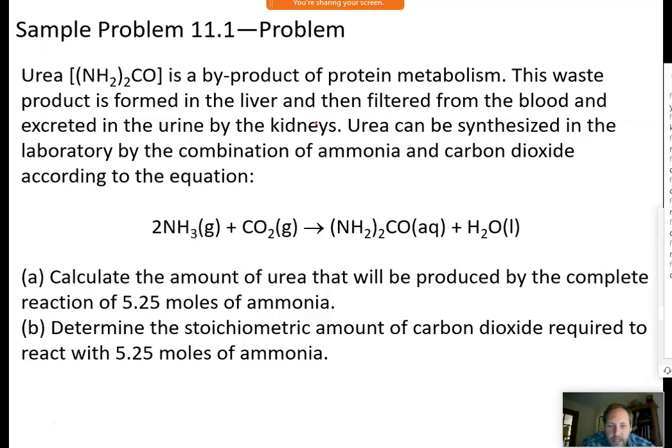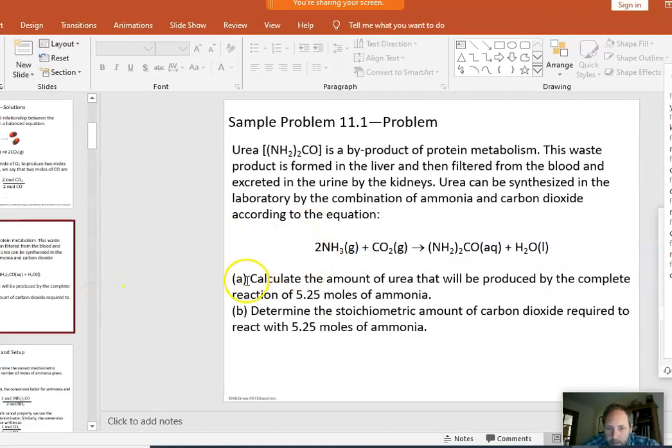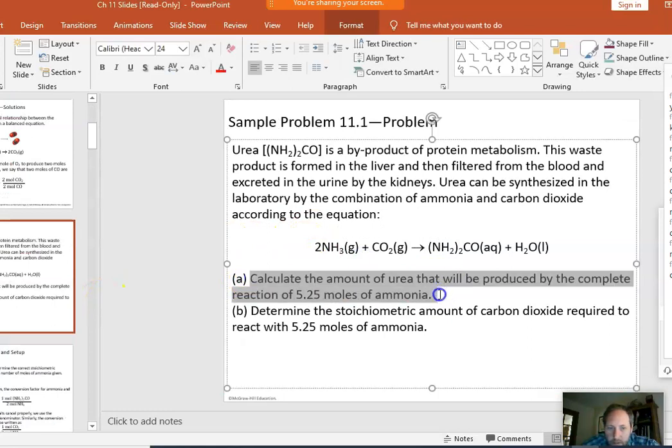So let's see, calculate the amount of urea that will be produced by a complete reaction of 5.25 moles of ammonia. Okay, so here is an example. So why don't we do this problem? Because the best way you learn how to do this is by doing problems.